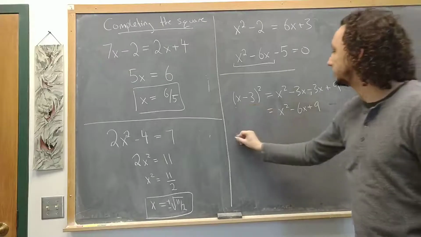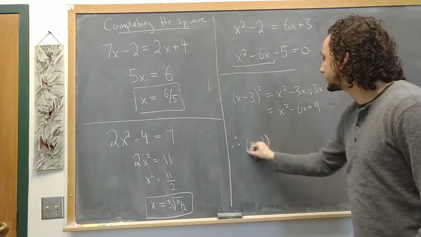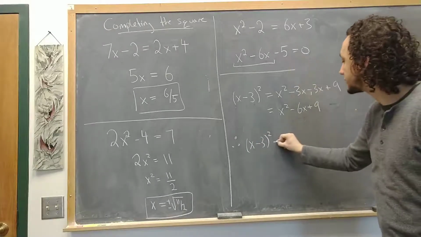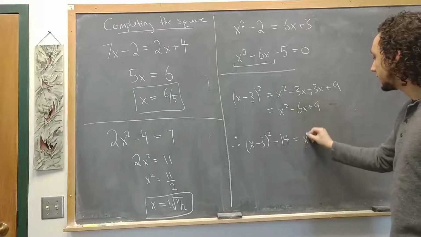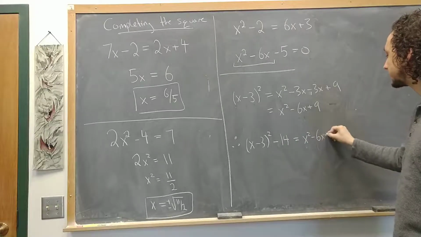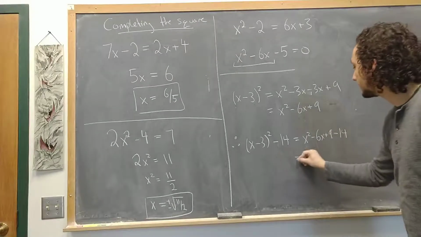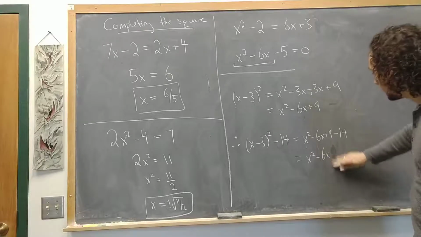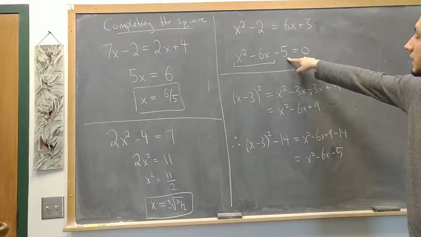Because this equation holds, it follows that if I do x minus 3 squared, and I don't want plus 9, I want minus 5, so if I just subtract 14 from this, then I should get x squared minus 6x plus 9 minus 14, which is exactly x squared minus 6x minus 5. In other words, this thing that I wanted.